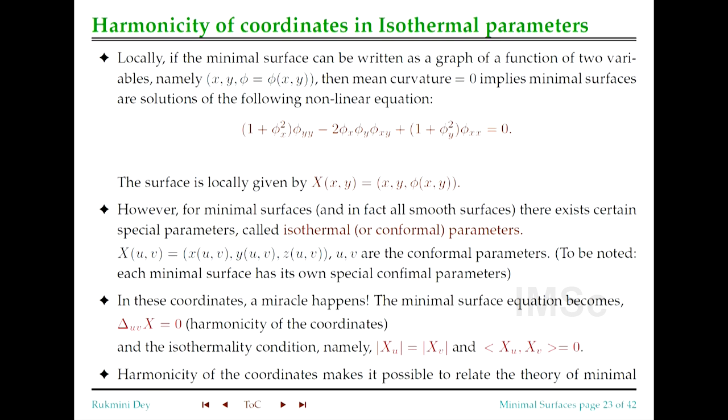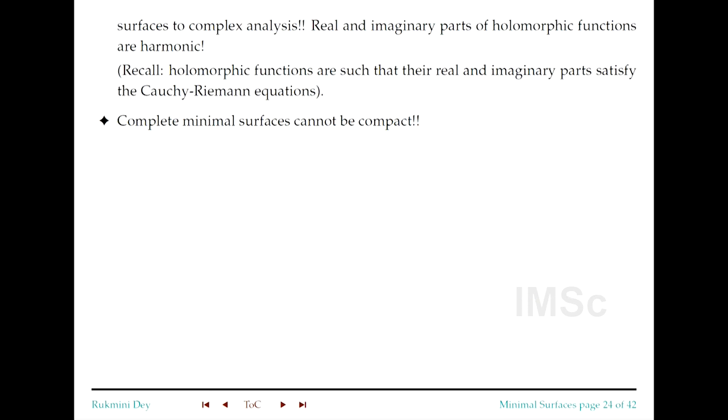I have written here the conformality condition: norm of x_u equals norm of x_v, and x_u and x_v are orthogonal. Harmonicity of coordinates means you can immediately relate it to complex analysis, because the real and imaginary parts of holomorphic functions are harmonic.